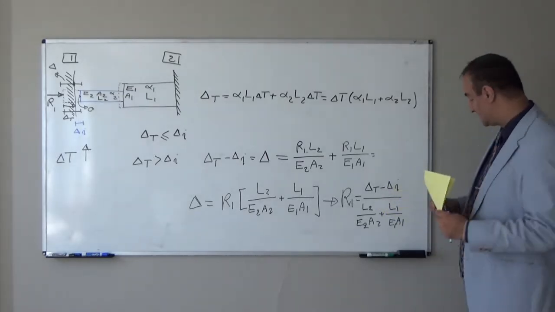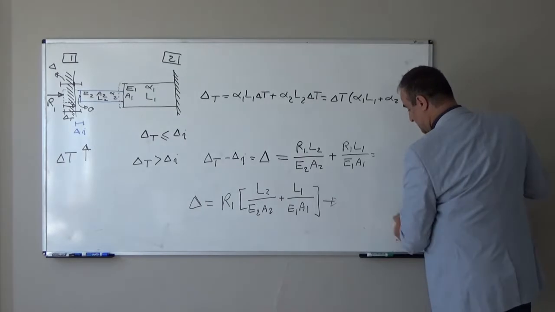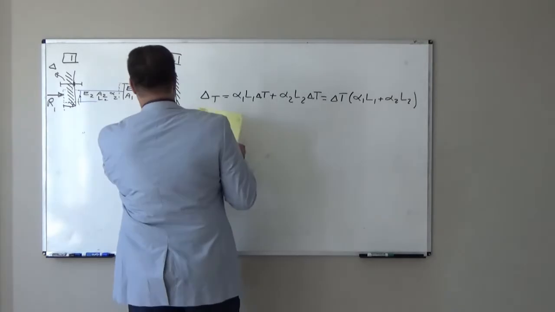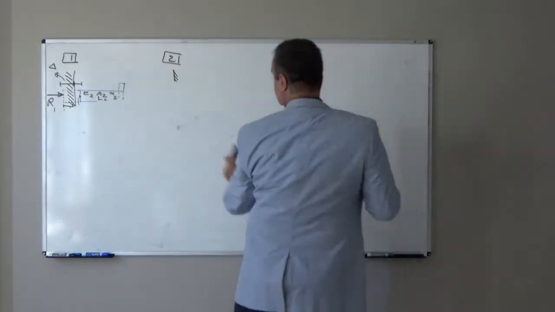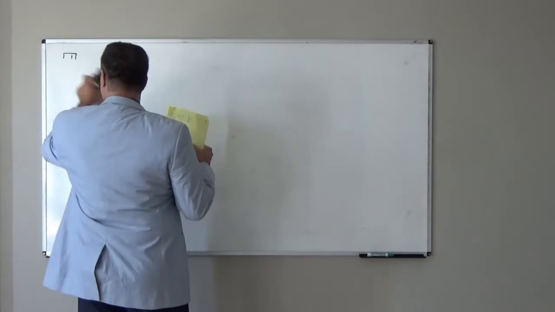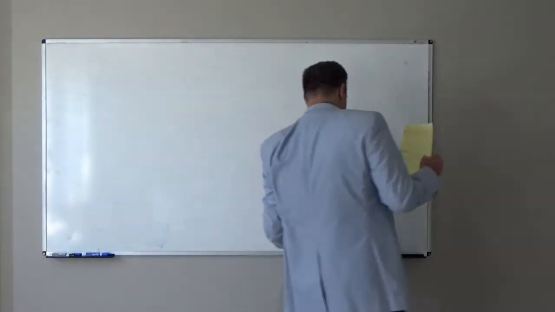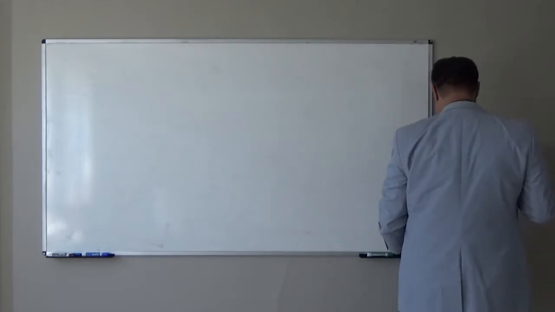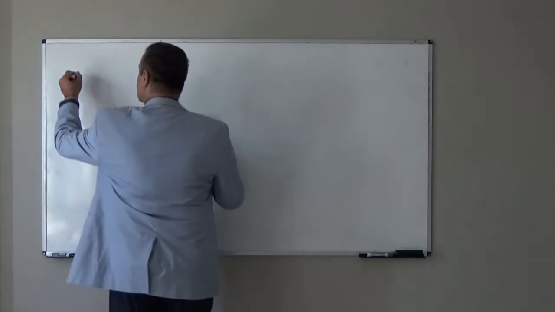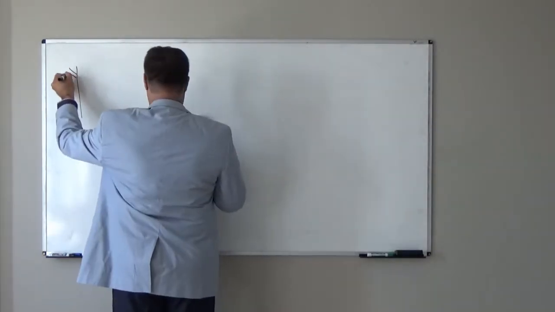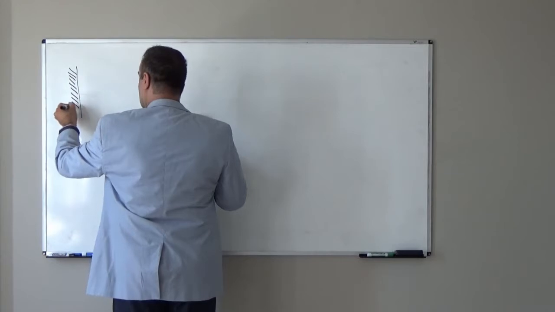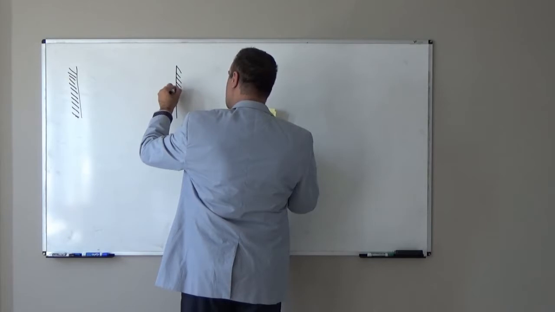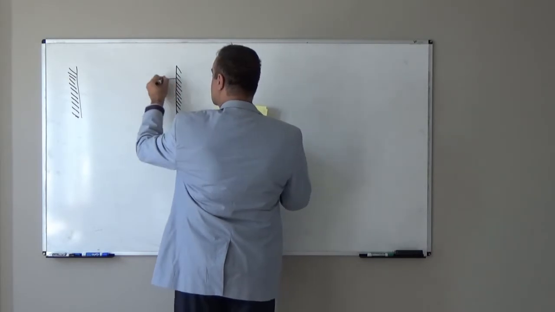Another sample problem, let's look at this example. Again we have one rod with different parts, and each part's cross-sectional area is different.